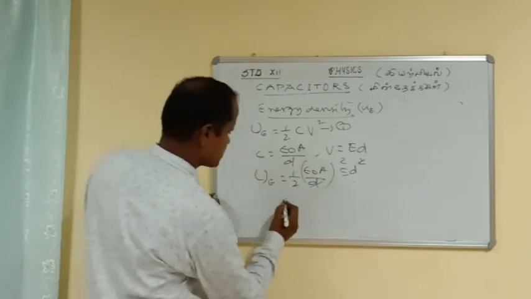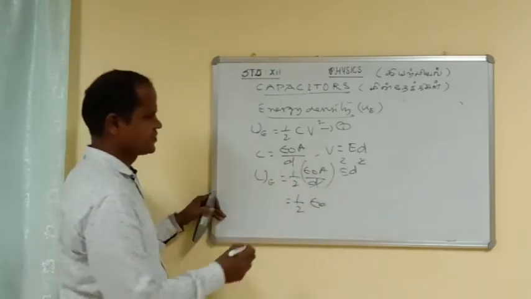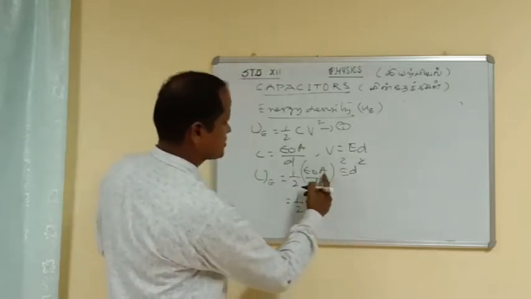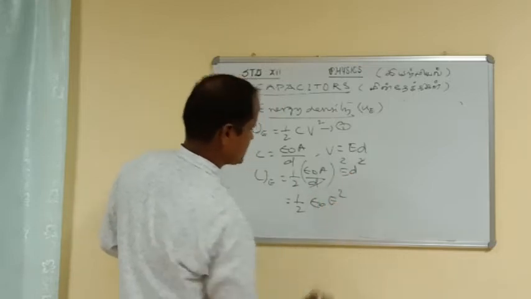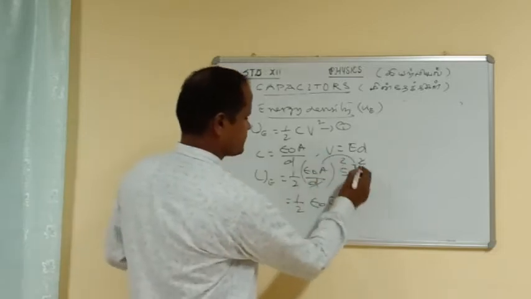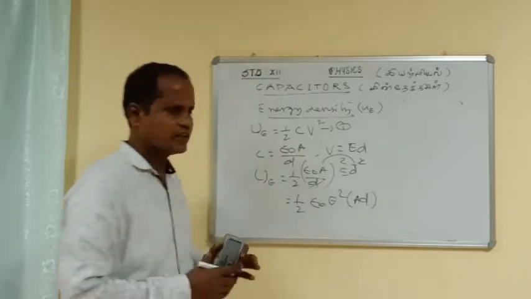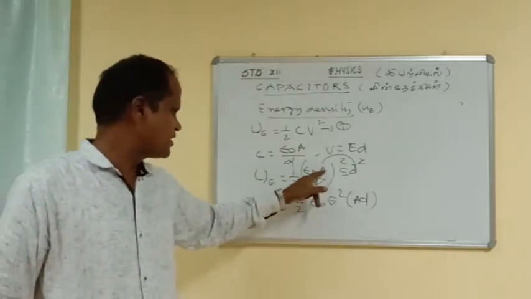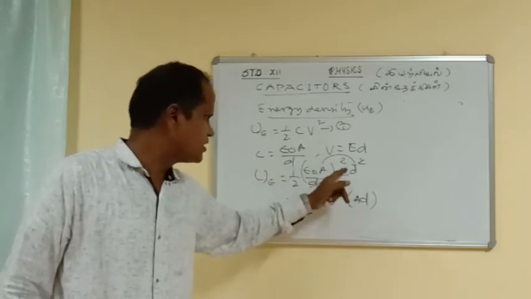Now this becomes half epsilon naught E squared A d. Can you write like this? I am writing this A d together.